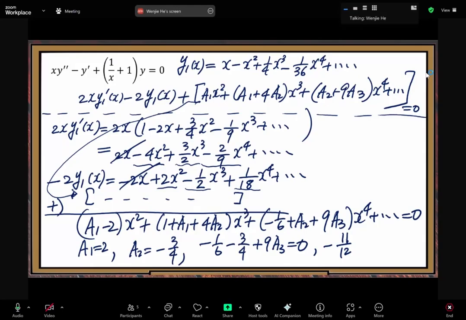Negative 11/12, plus 9a3 equals 0. So a3 equals 11/108. Right?